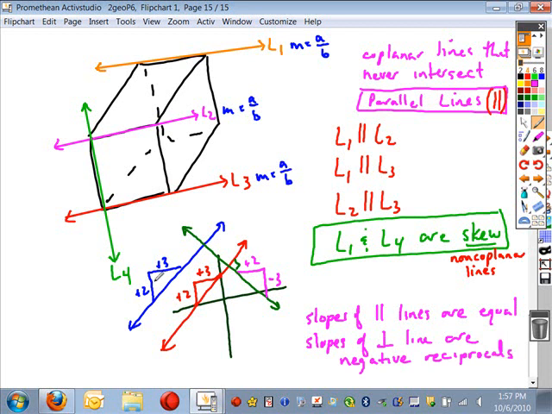Okay, so that means if the slope of this given line is 2/3, the parallel line will have a slope also of 2/3, but the slope of a perpendicular line will be negative. So we switch the sign, and then we also flip or invert the fraction. So it becomes 3/2.